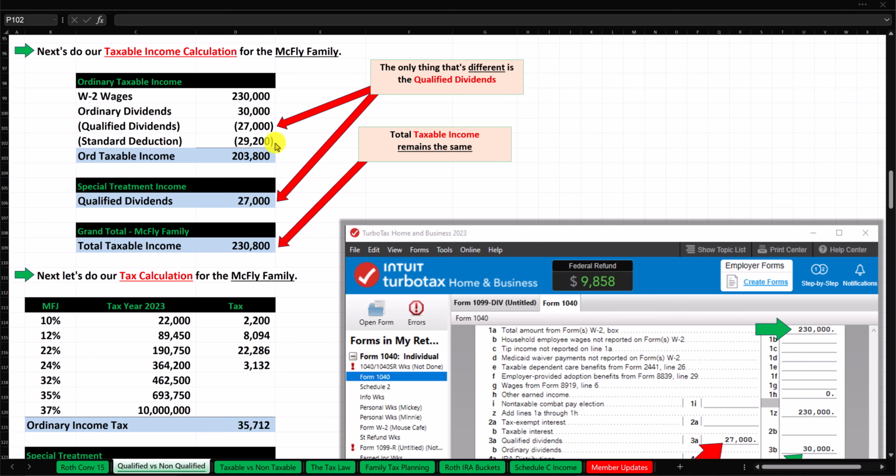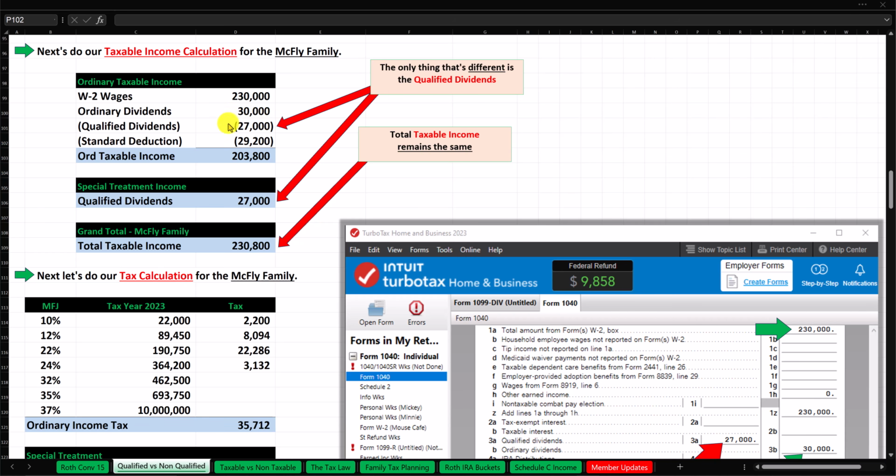Now, if you're still thinking, wait a minute, how can this be the same as the Barney family when we have $27,000 now in qualified dividends? If you were thinking that, then you have to think all the way back to the beginning of this presentation and remember that this $27,000 is only a subset of this $30,000. It's not extra, it's not more, it's just part of this.